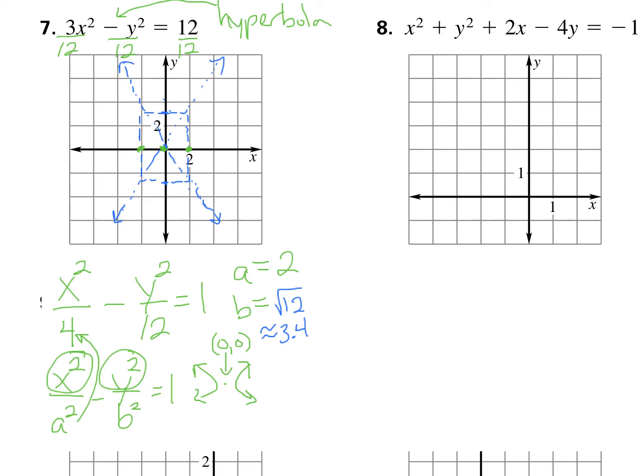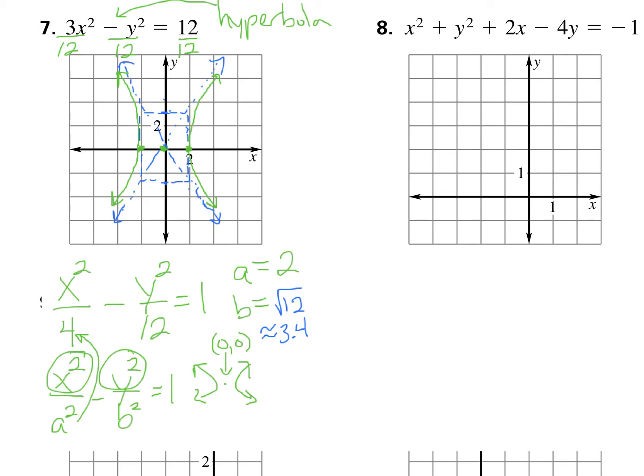And then once we have those diagonals, those asymptotes, all we have to do is start from each vertex and approach, but don't touch the asymptote. Just remember, you always approach your asymptotes, but you don't touch them. And we do that from each side. And that's your quick graph of the hyperbola for number 7.